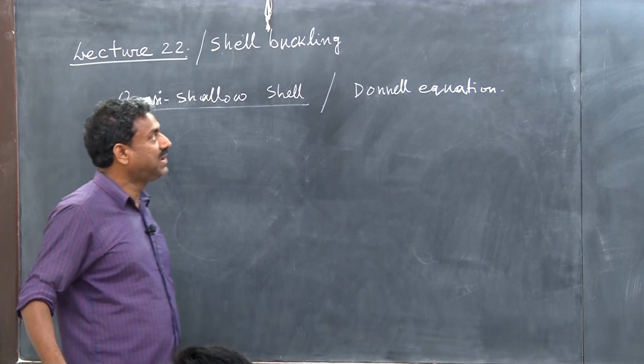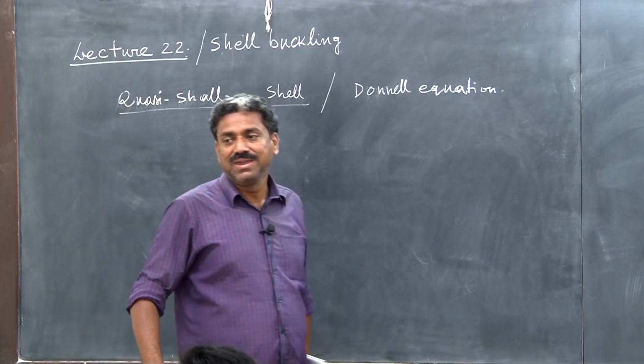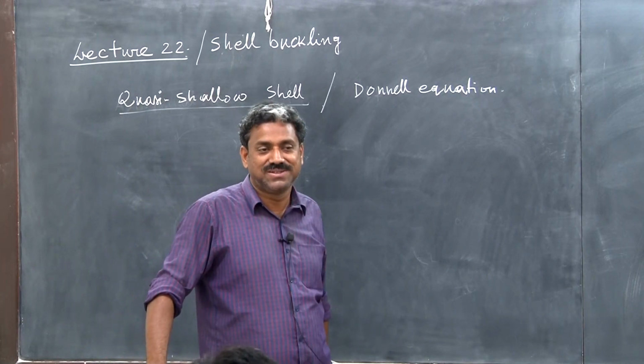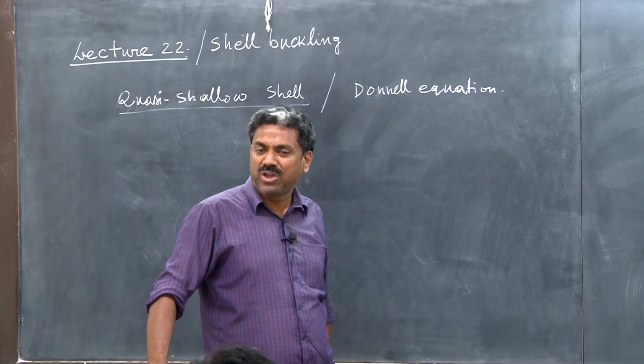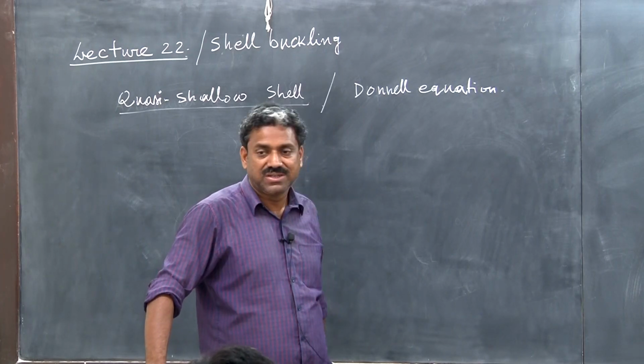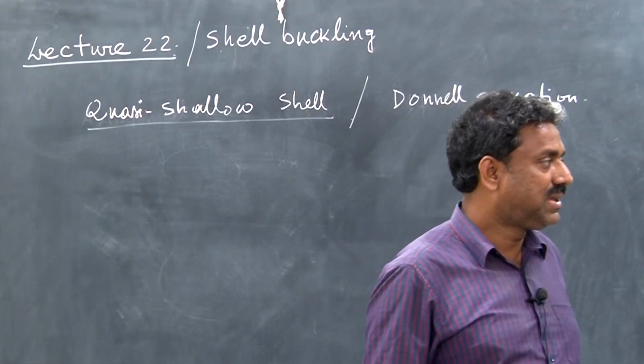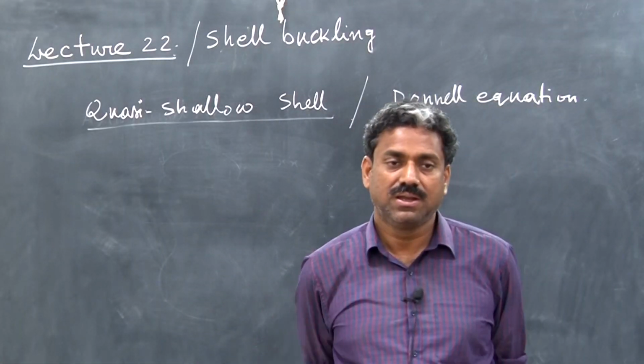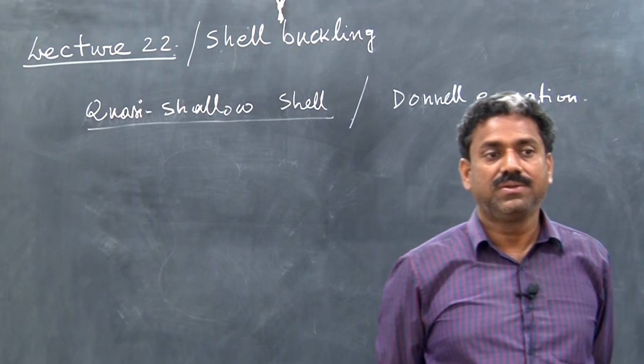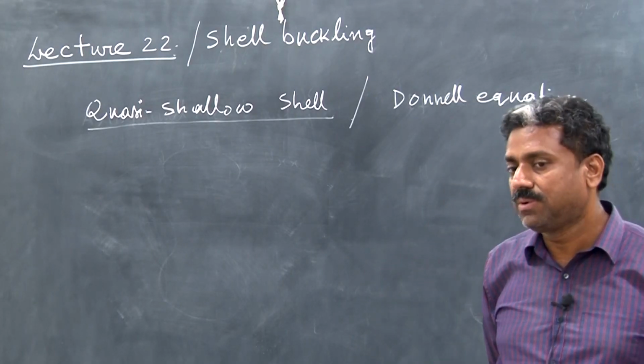But please note that even here, whatever we are doing is not what is observed in shell buckling. Shell buckling is way more complicated. This is just one step; in fact, the buckling of shells has come a long way. There has been continuous effort by many scientists.